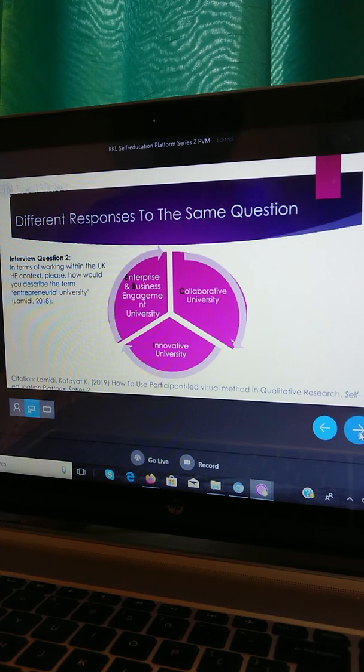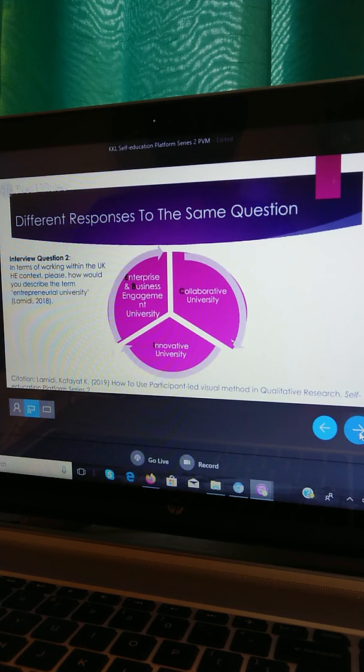Some of them who produced the diagram were able to convey more concisely how and what they mean by entrepreneurial university in terms of their own context. Because entrepreneurial university can mean different things to different universities, depending on their working environments, or on the activities they undertake or the service they render to people.